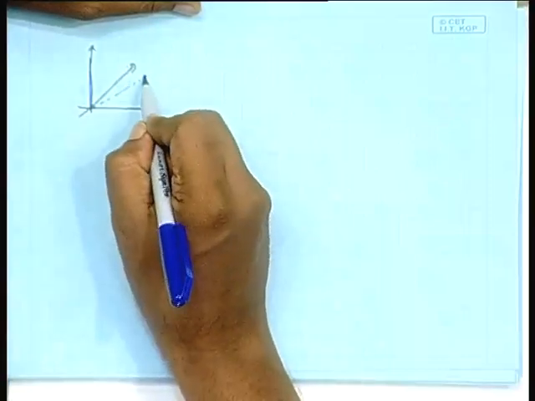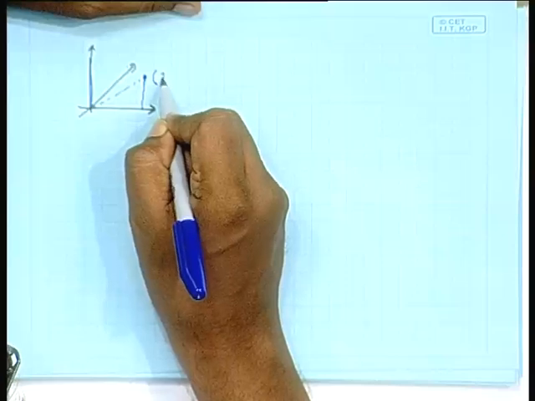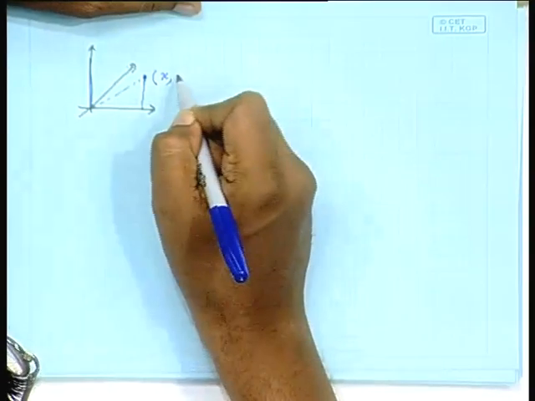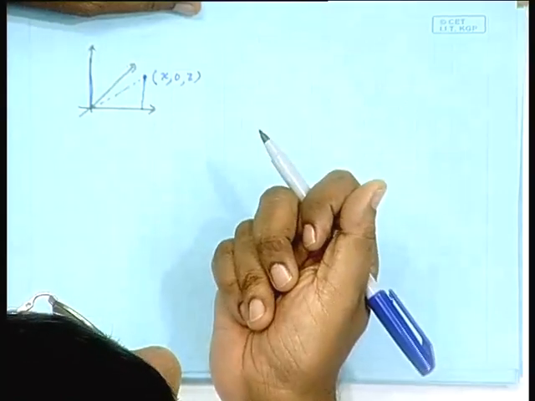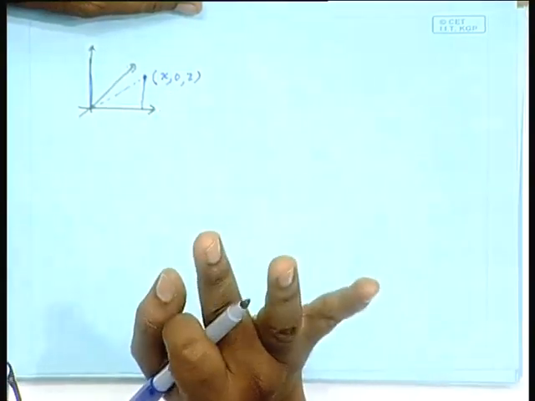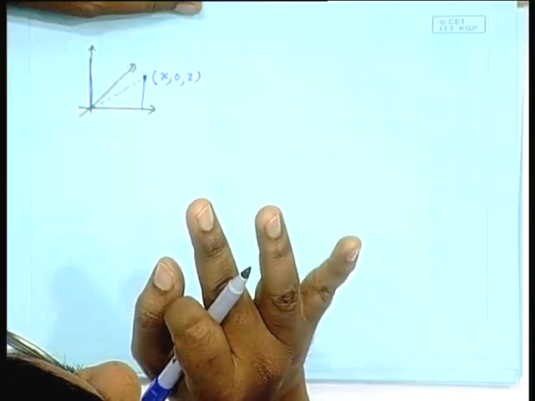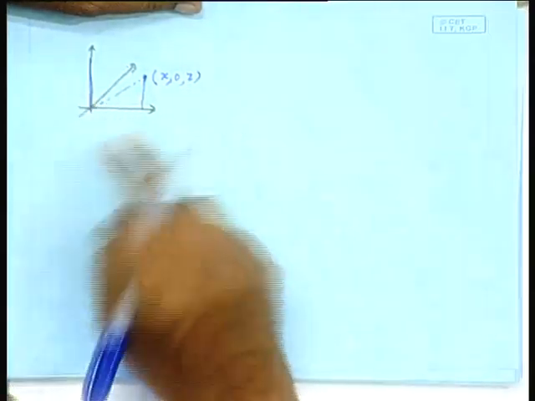This is one vector. In the xz plane, so its coordinates are say x 0 z. It is already given. One y component is already annihilated here. Nothing in y, nothing in that direction. It is lying in the xz plane.